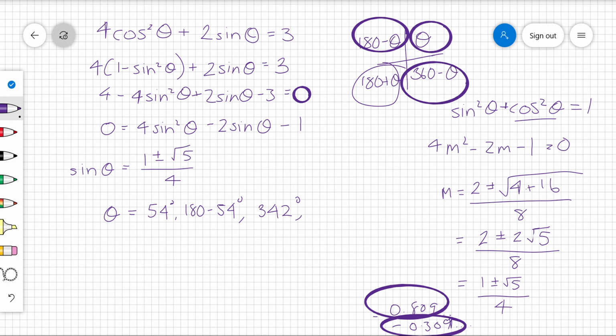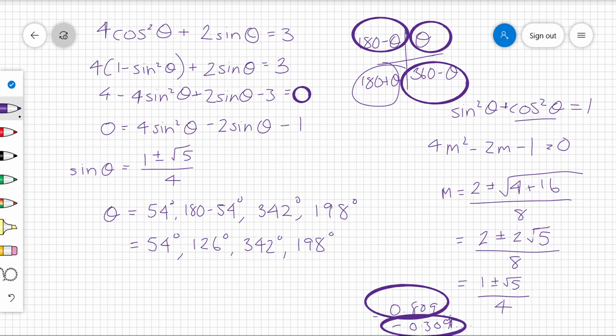So 180 plus 18 is 198, which is in that quadrant, so just checking. So I'm going to have 4 answers. That's 126, that's 342, and that's 198.